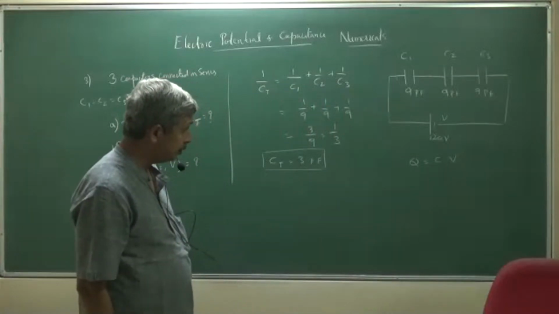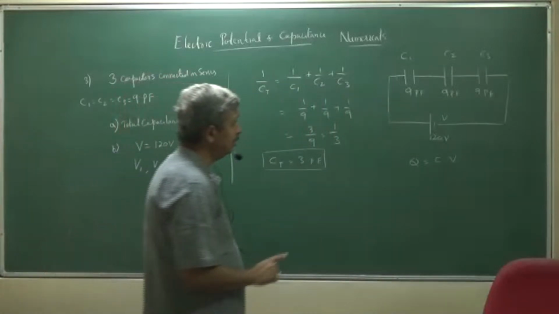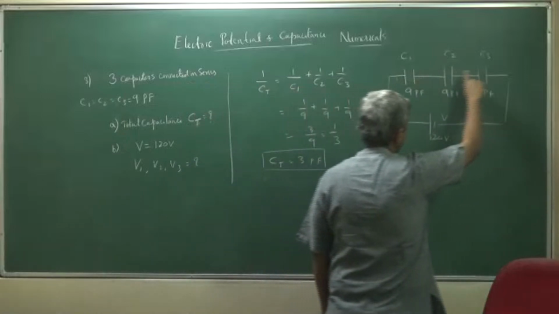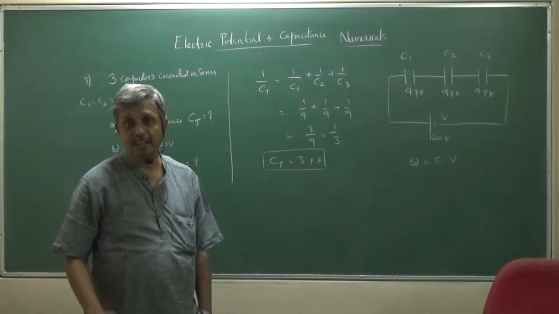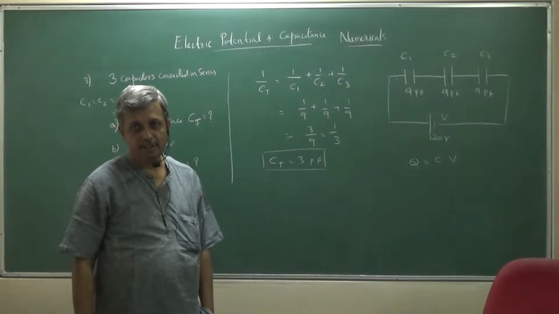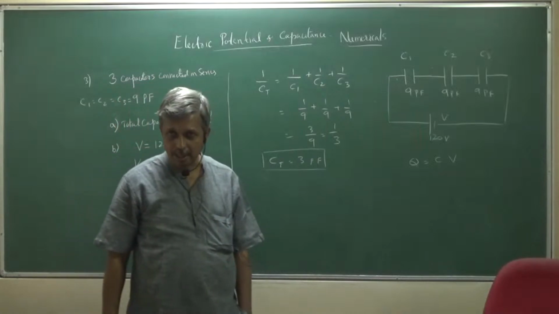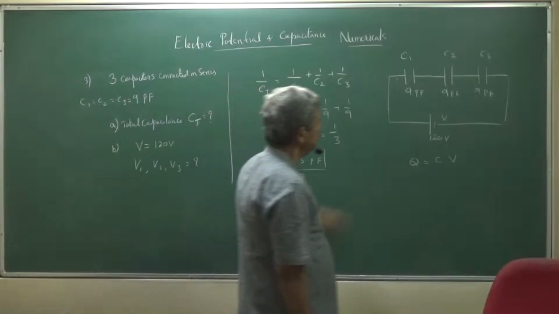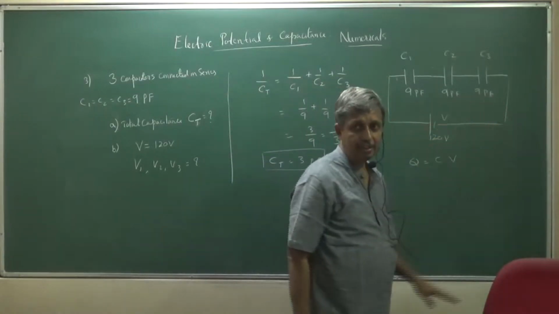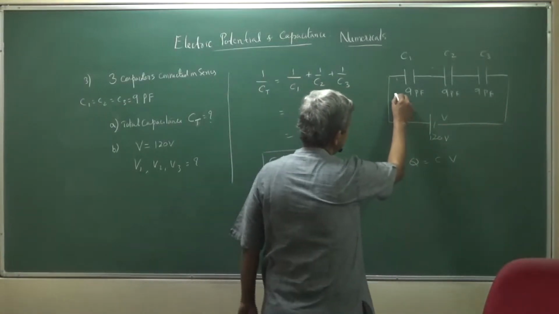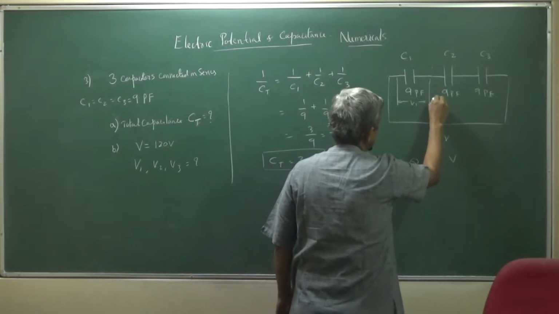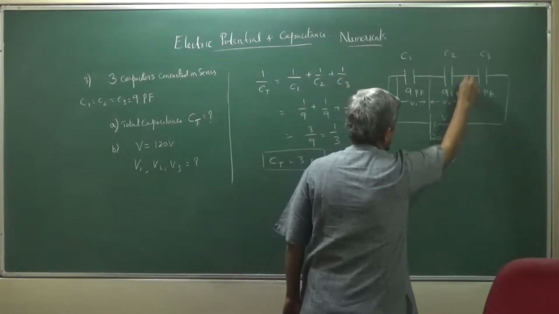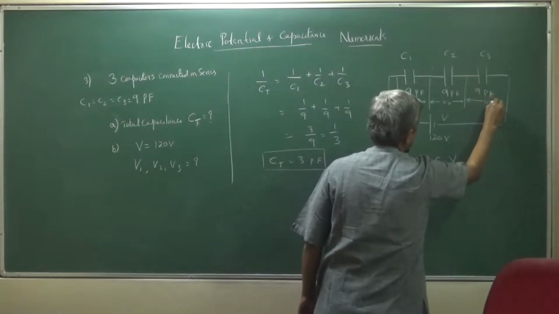However, we know that since it is in series, all the capacitors have exactly the same charge. The charge is same for all of them. So, since all of them have the same charge and same capacitance, let us say the potential across each one of them is V1, V2, and V3.